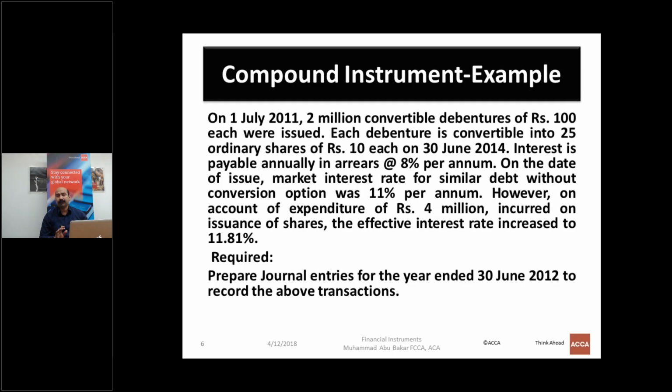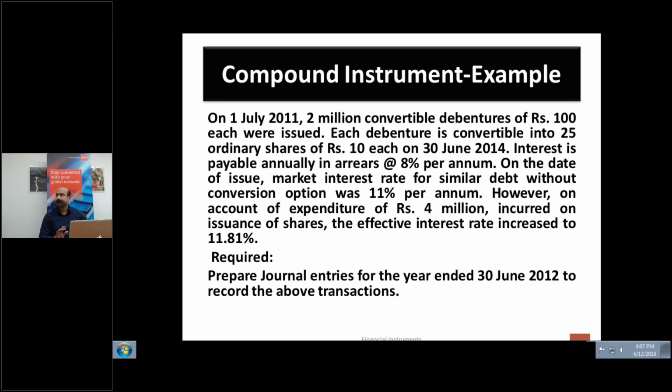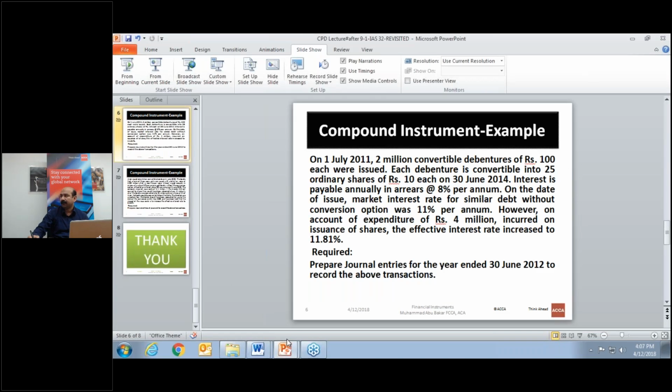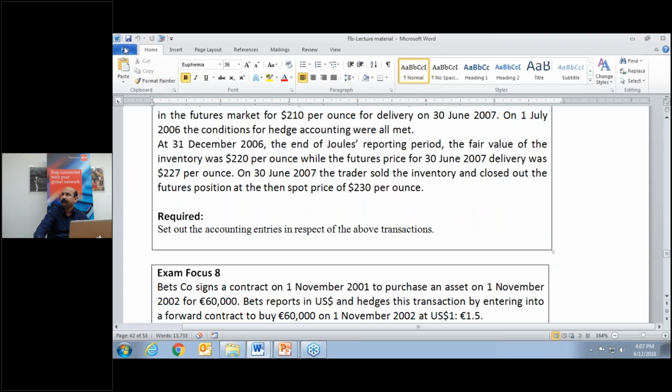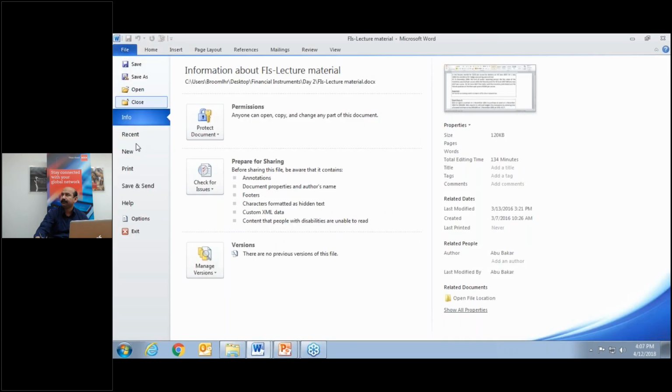So please download those slides so that this example is in front of you while we discuss its solution and its answer. Okay, we can have from here one empty Word document.